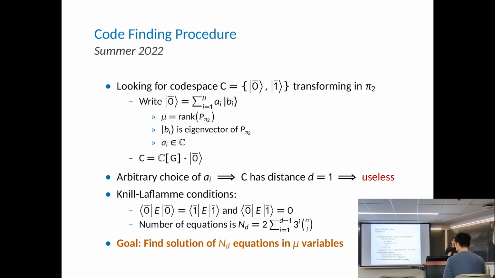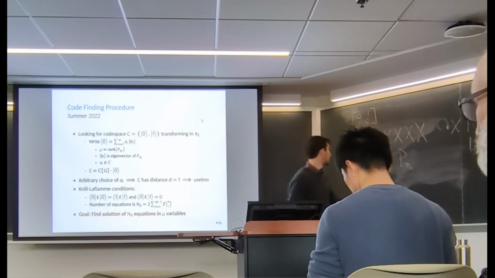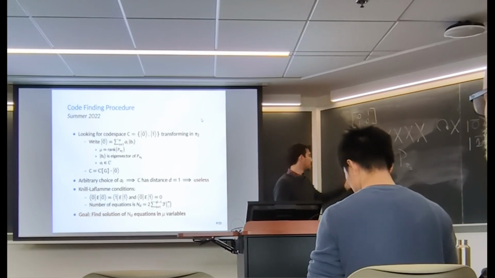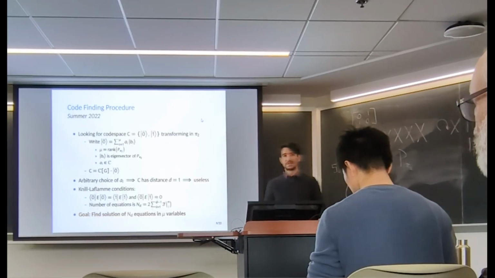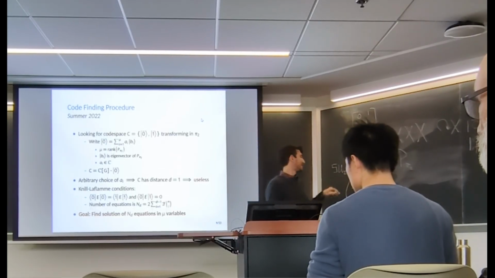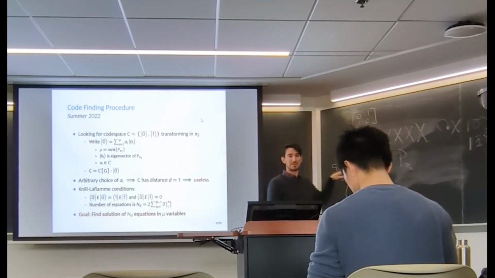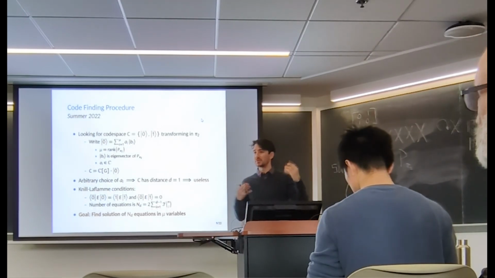If you want to have distance D, then you have basically 2 for the diagonal plus off diagonal. That's where the 2 comes from. 3 to the i, it's basically the 3 Pauli matrices. So this is X, Y, and Z. They're basically a basis for the Lie algebra su(2). And the general idea here is that the Lie algebra represents the sort of non-trivial errors.